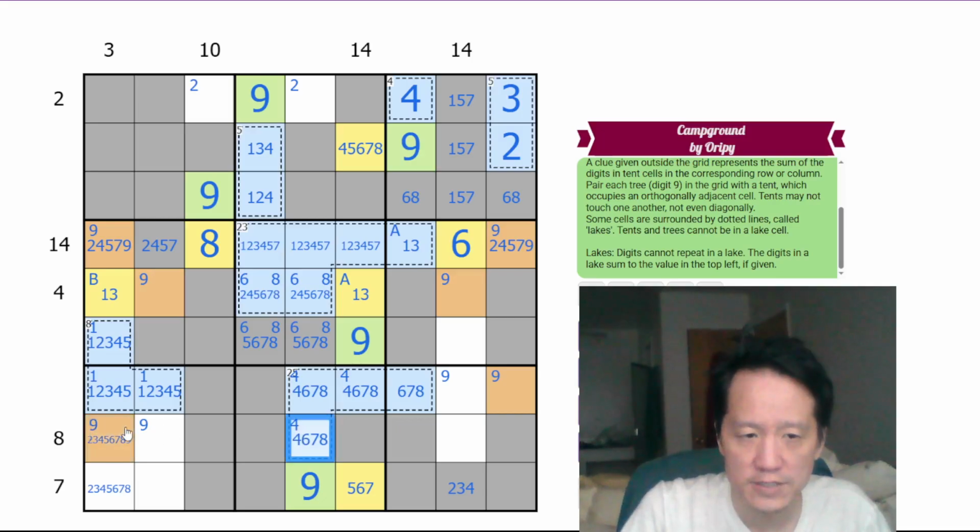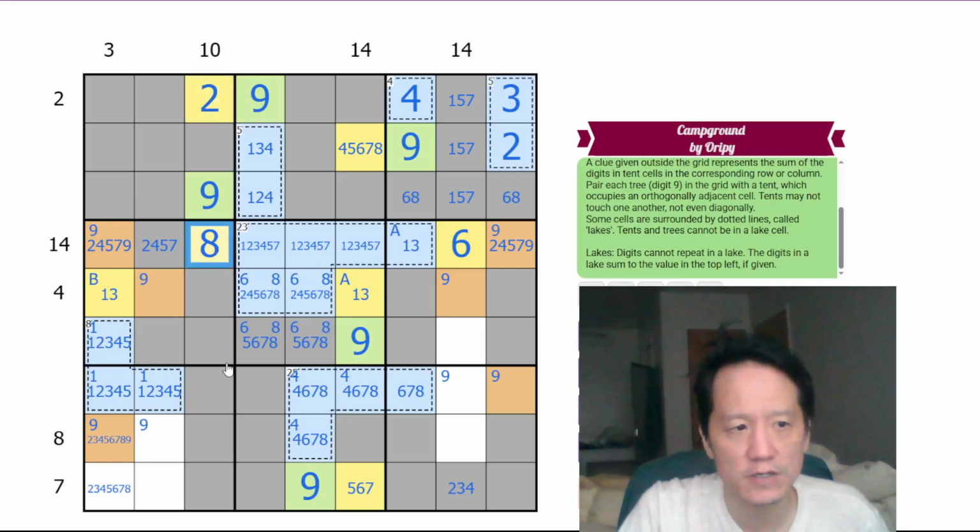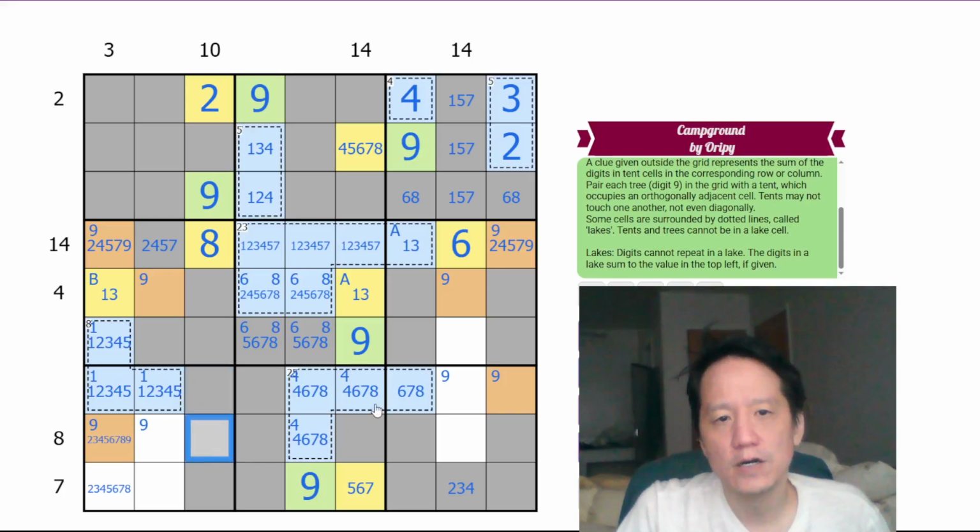This is not a tent. Which means this has to be the tent. This cannot be the tent or the tree. So this is a 2. So we have 2 and 8 adding up to 10. This could never have been 1 and 3 adding up with 6 because this could never be 1 or 3. Hmm.